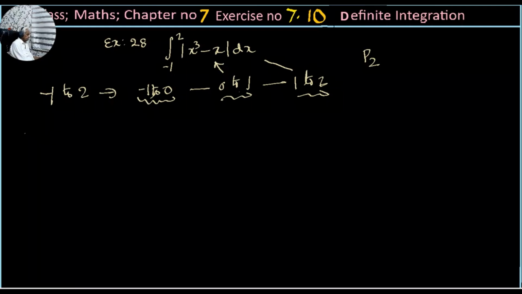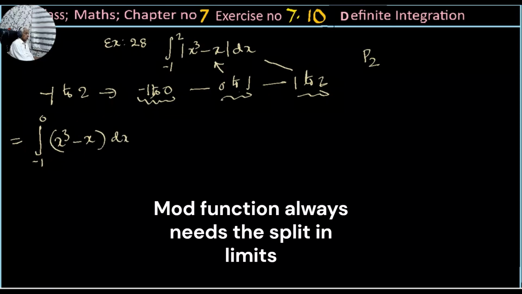So this is integral from minus 1 to 2, which equals the integral from minus 1 to 0 of mod of x cubed minus x dx, plus 0 to 1, again mod of x cubed minus x dx, plus 1 to 2, again mod of x cubed minus x dx.